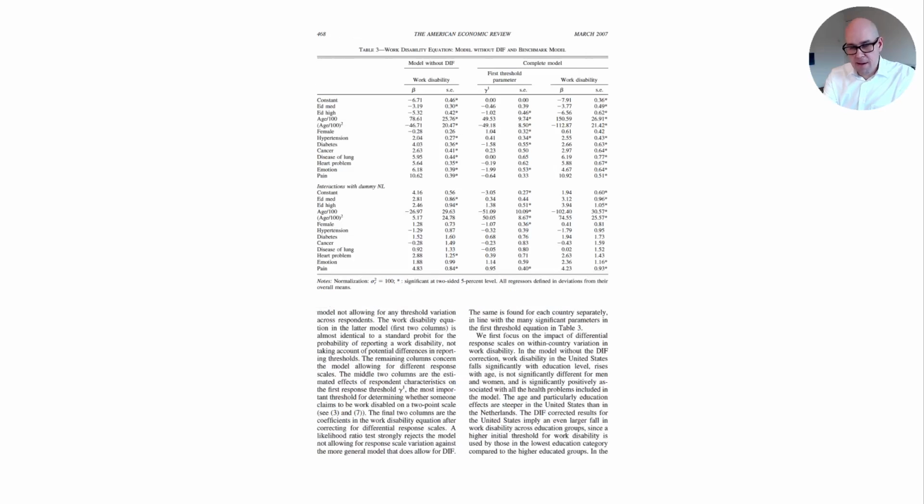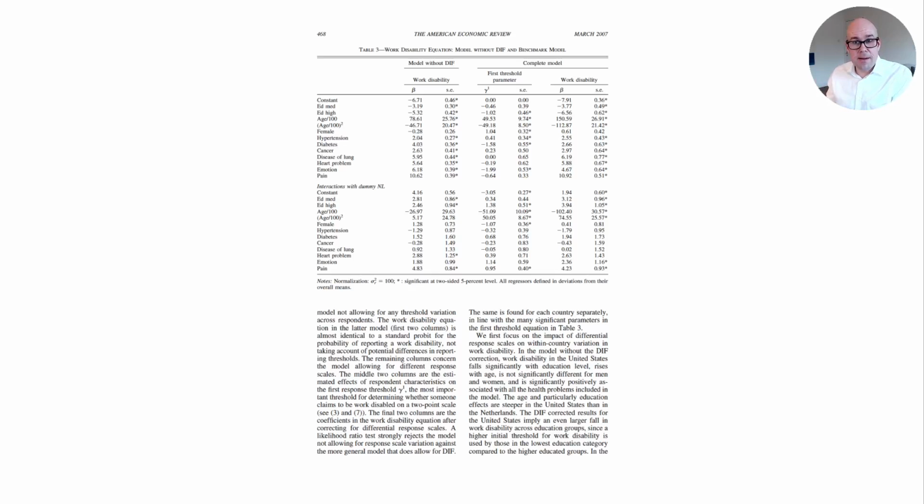So they estimate this model, and I do realize that this is now too fast for you to fully understand what's going on, but I hope you get a little bit the idea. You have a standard ordered probit model, and on top of that, you use extra data on the reports on the vignette questions. When you bring this together, from the vignette answers you can learn about the dependence of thresholds on individual characteristics, and in particular the dependence of the thresholds on the country in which people are living.